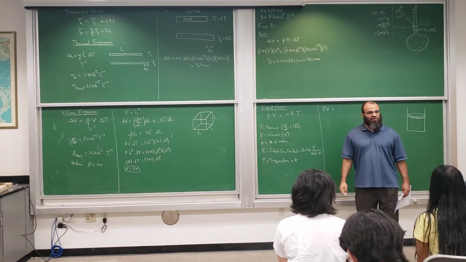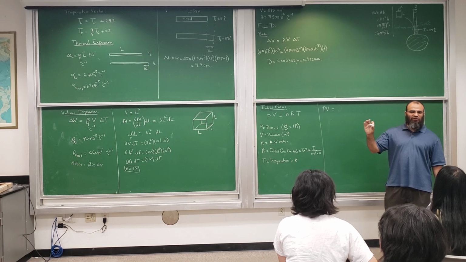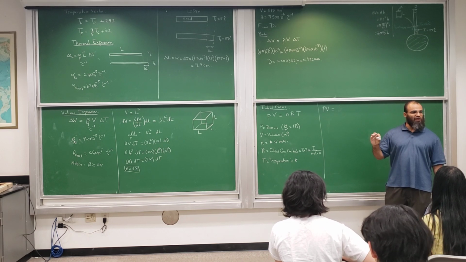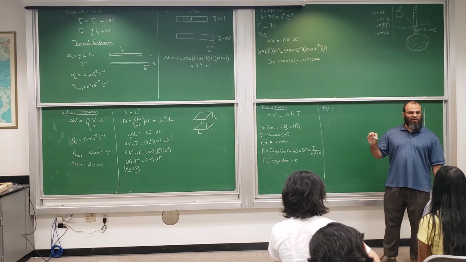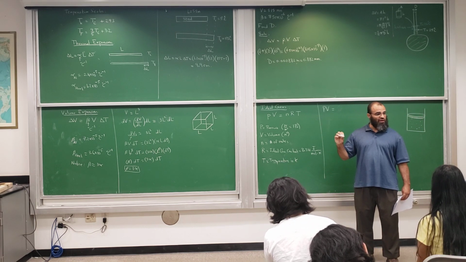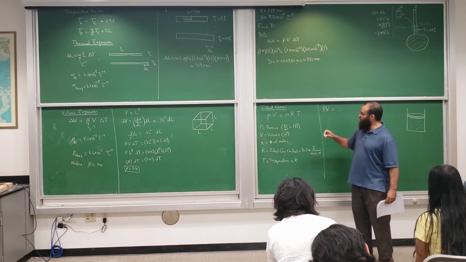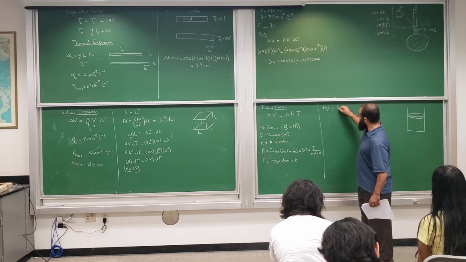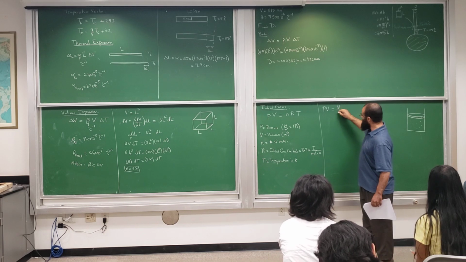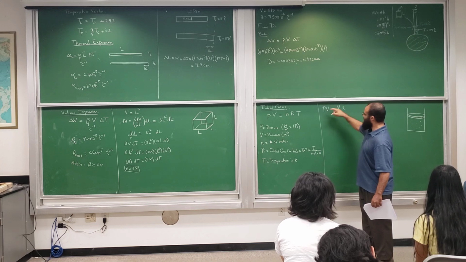The number of moles, how do you get them? Well, if you know the number of particles and you divide them by Avogadro's number, it gives you the number of moles. Remember? If you have the number of particles equal to Avogadro's number, that's 1 mole. If the number of particles is twice Avogadro's number, that's 2 moles. So the number of moles, little n, is just the total number of particles divided by Avogadro's number, and then here I have my RT.